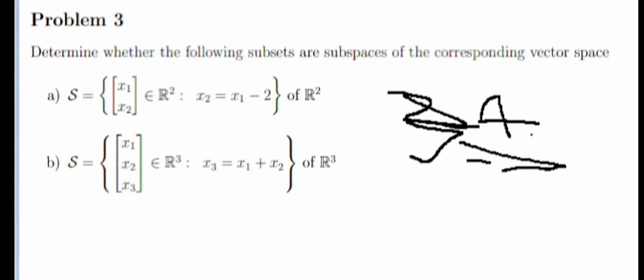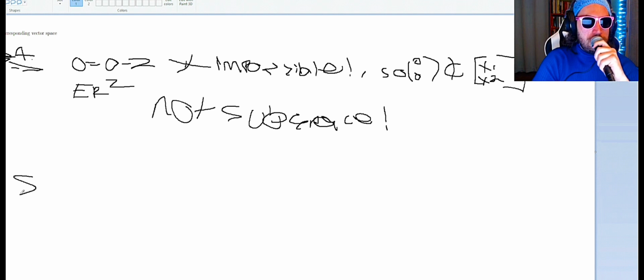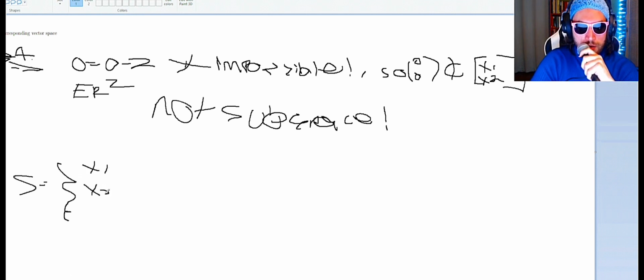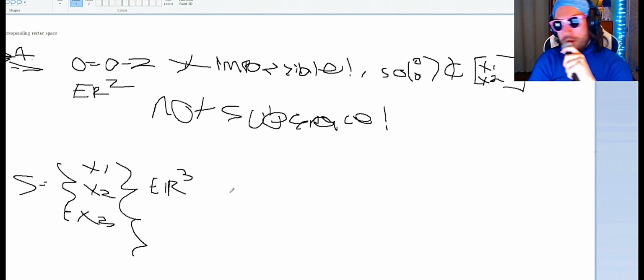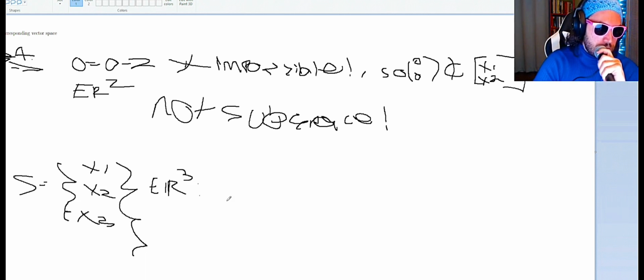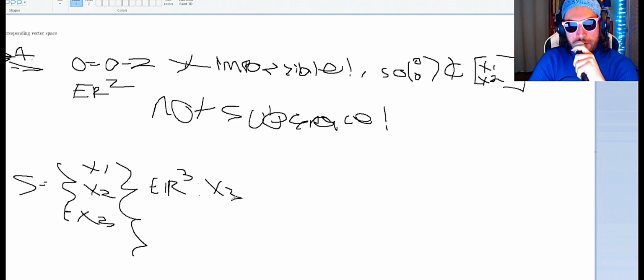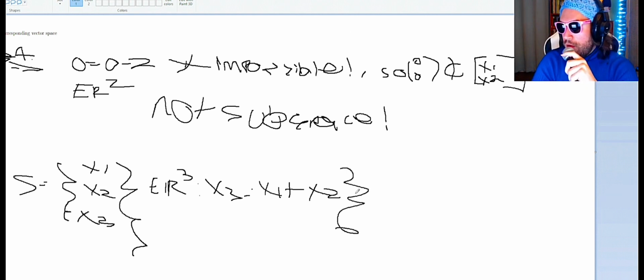3b is actually a little bit simpler. So S equals x1, x2, x3 in R cubed, such that x subscript 3 is equal to, of course, x1 plus x2, of R3.